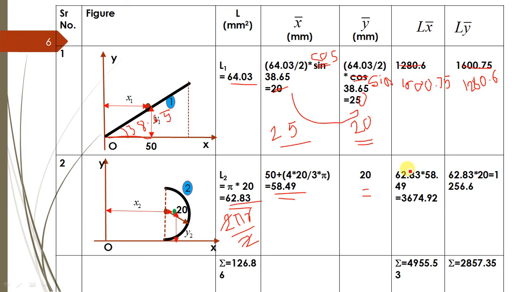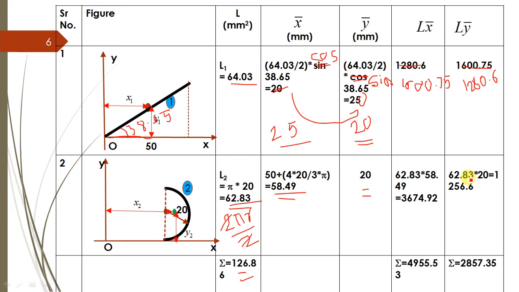Now the summation of L is 126.86. The total Lx is getting changed.